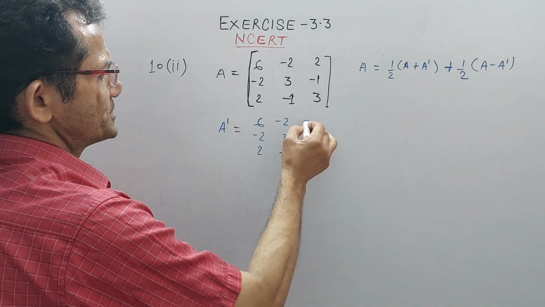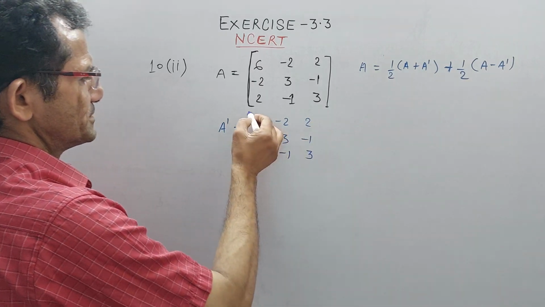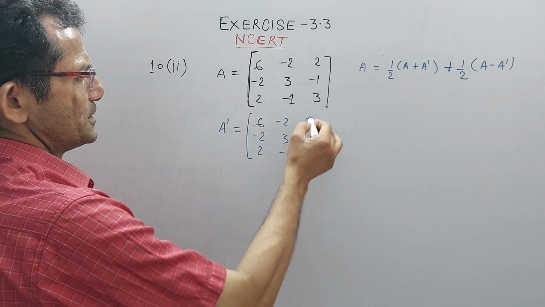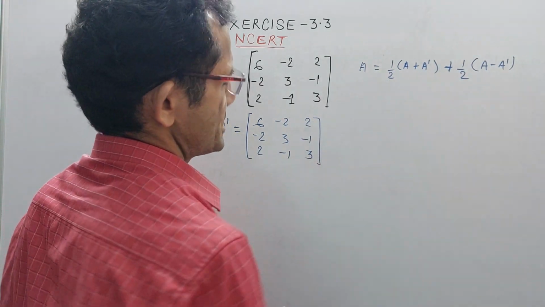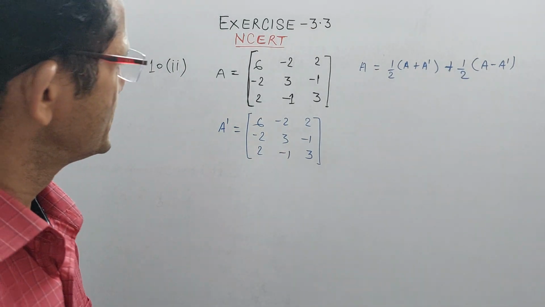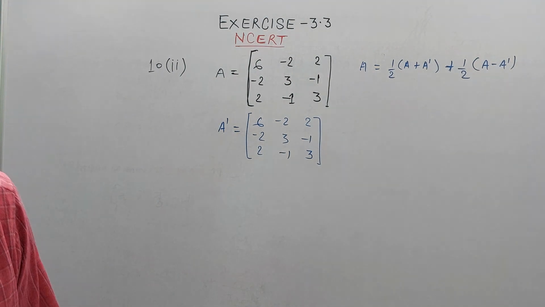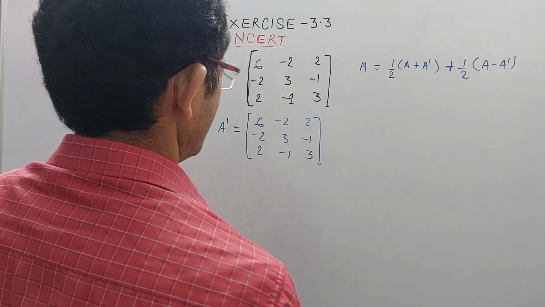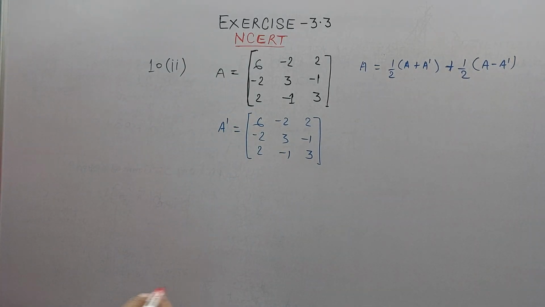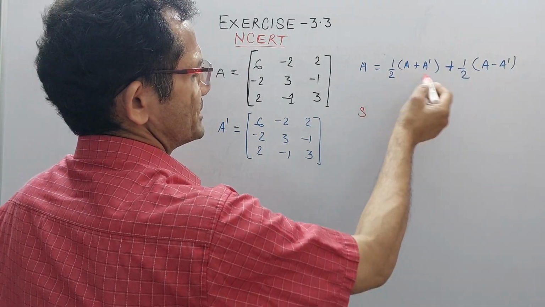The third row becomes 2, minus 1, 3. So this is the transpose of matrix A. Now let us do the first part, half of A plus A dash, which is the symmetric matrix.